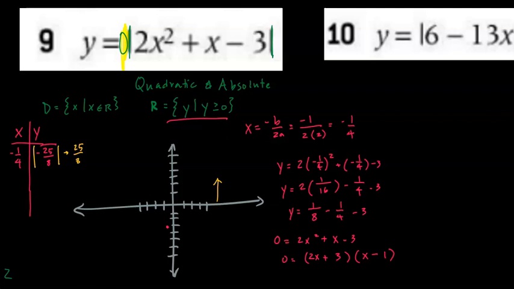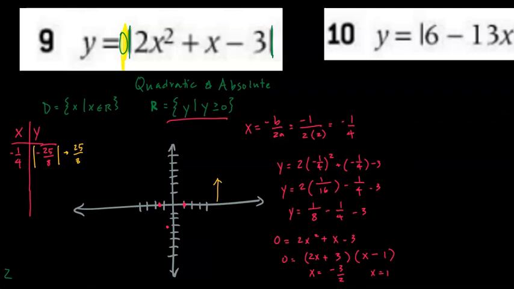Yep, that's right. And so x equals negative 3/2 and x equals 1. So x equals 1 and x equals negative 1.5 right here.